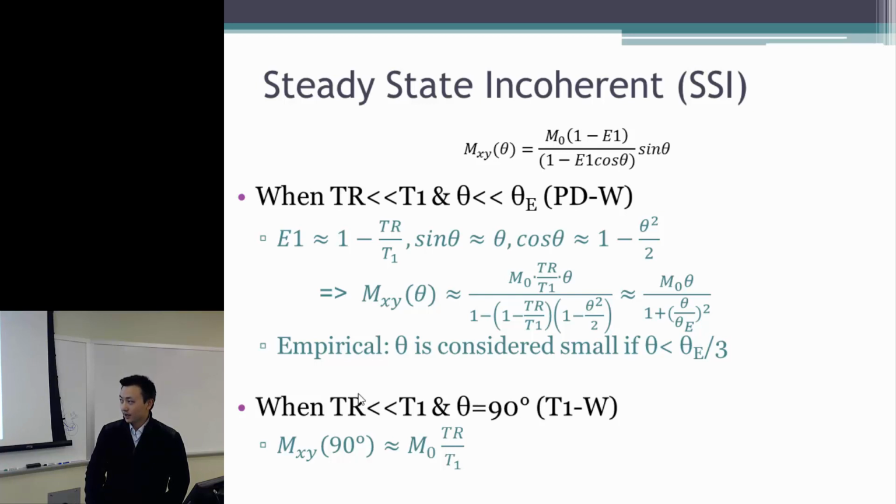But of course, this has to be a very short TR. So in this term, we can see that it's T1 weighted. If you have a longer T1, you have a smaller signal. So this is just a more simplified version. When the flip angle is not 90 degrees, it is still heavily T1 weighted, just not as clear.